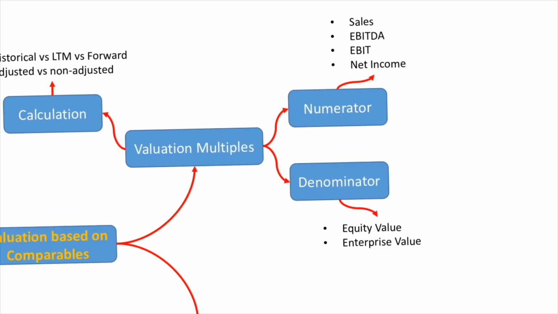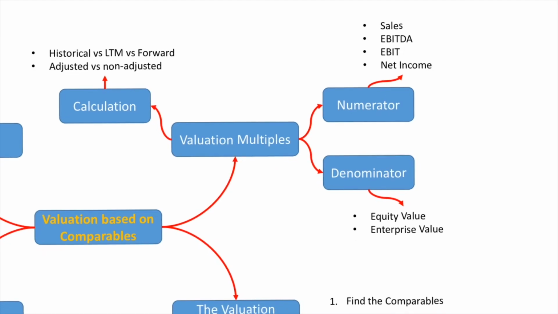that has at the numerator sales, EBITDA, EBIT, or net income, so a measure of profits, and at the denominator either equity value or enterprise value, so the value of the stocks or the value of the enterprise. Okay? And again, I'm going to show you later how this works. But the idea is we are going to calculate the value of the comparables.